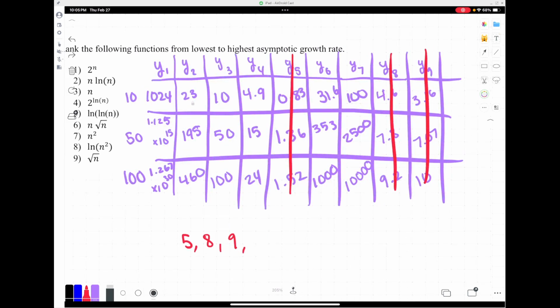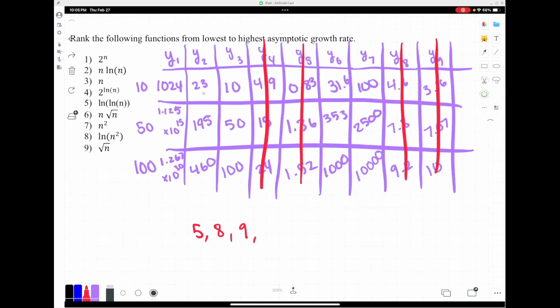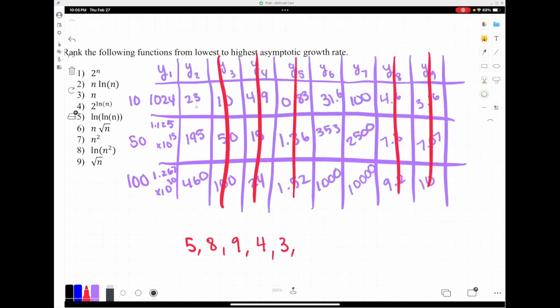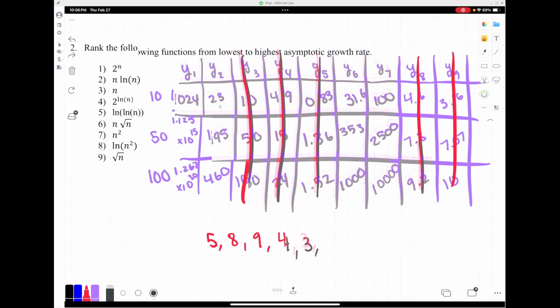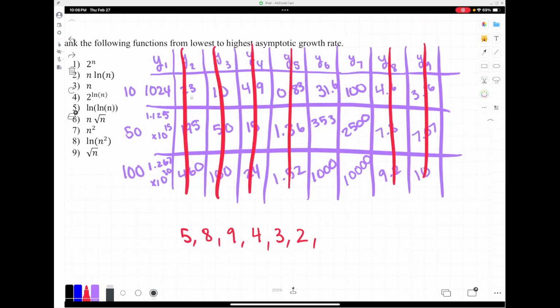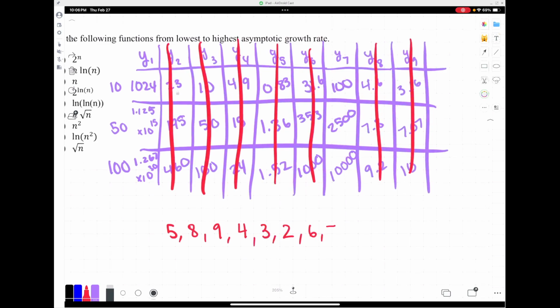Now we keep looking. That grows fast, that grows fast. Looks like it's 4. And then the next one would have to be 3, then 2, then 6, then 7, 1. And this is your answer.